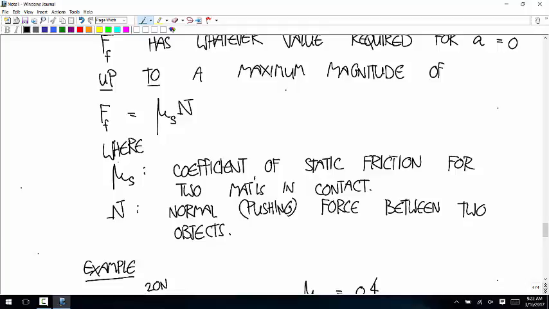Because the force of friction has units of newtons. The normal force has units of newtons. And so the only way the units would work out is if that coefficient is just a pure number. If it had units of meters, you'd be saying newtons equals newton meters, and that can't work.